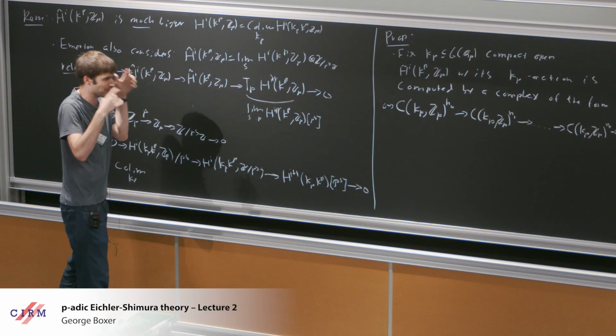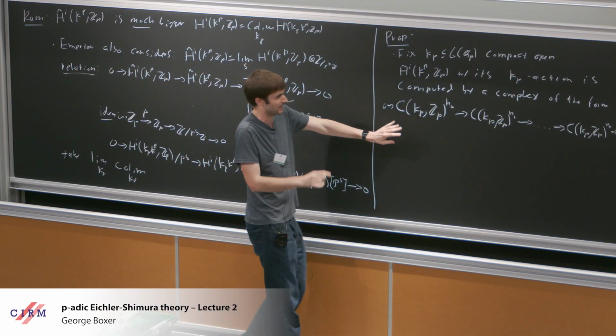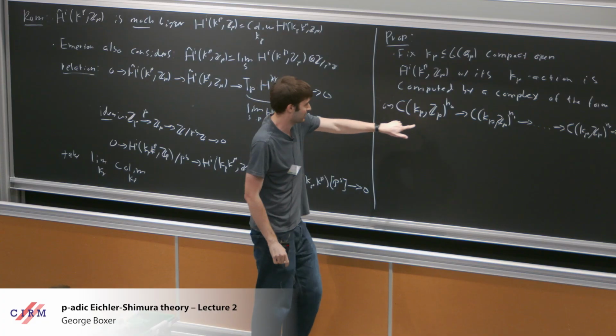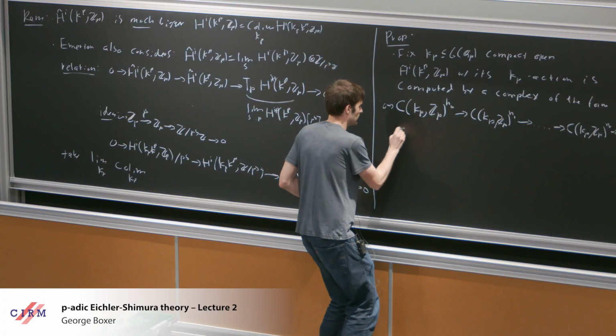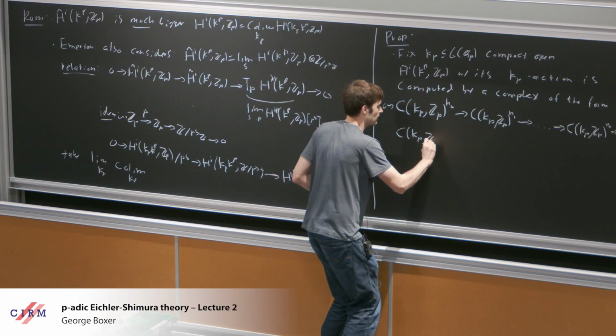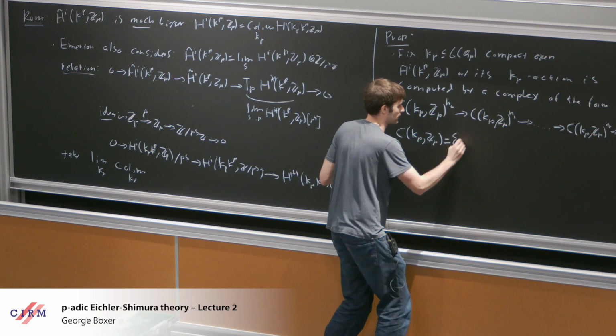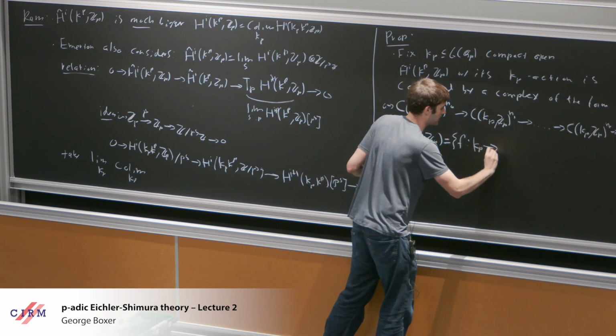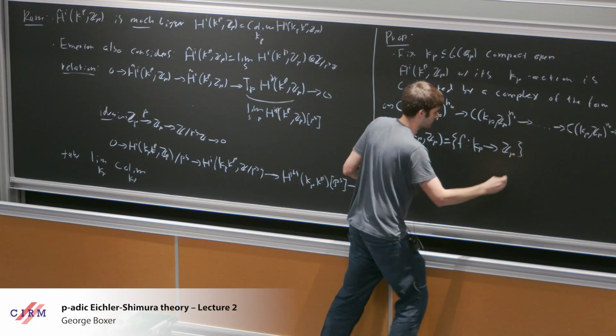In some sense, this is explaining what completed cohomology looks like. And so what is this thing? C(K_p, Z_p) is my notation for continuous functions from K_p to Z_p.